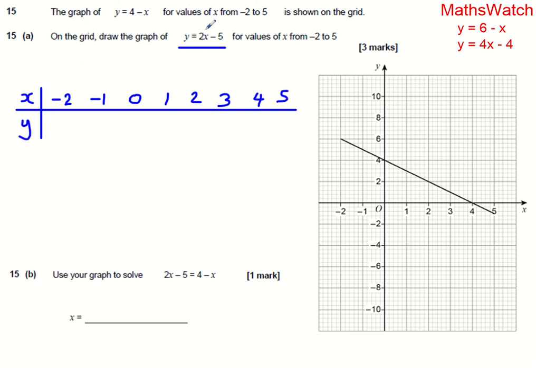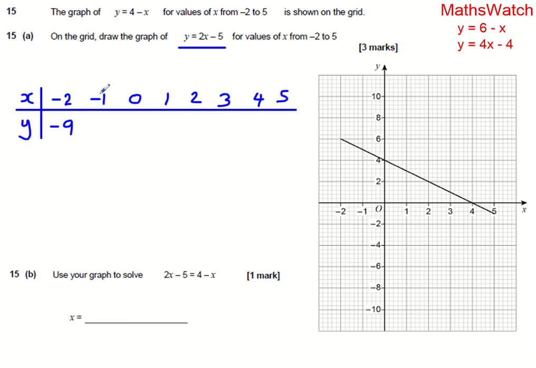So we're going to take each of those values of x, multiply them by 2, which gives us the 2x, and then subtract 5. So we're multiplying by 2, then subtracting 5. So from our table, -2 times 2 is -4, and then when we do -4 minus 5, we get -9.